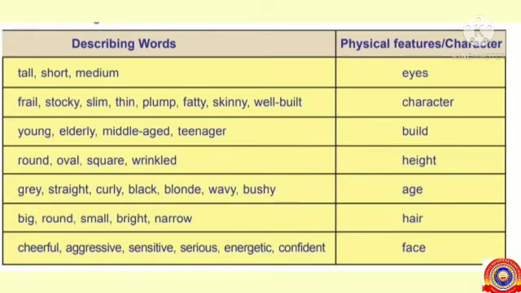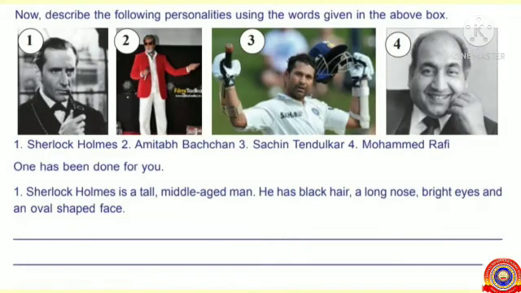Now look at the question. Now describe the following personalities using the words given in the above box. Who are those personalities? Yes, Sherlock Holmes, Amitabh Bachchan, Sachin Tendulkar, Muhammad Rafi, and one has been done for you. Sherlock Holmes is a tall, middle-aged man.